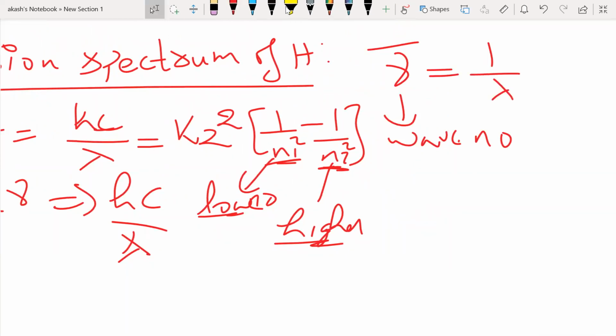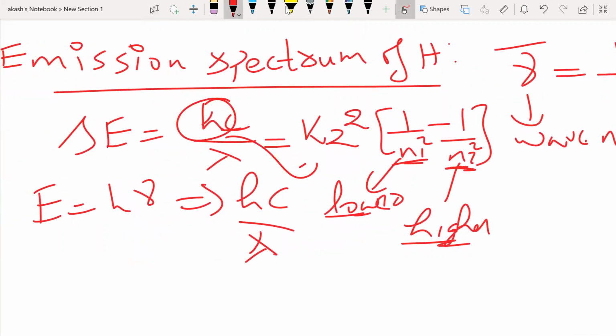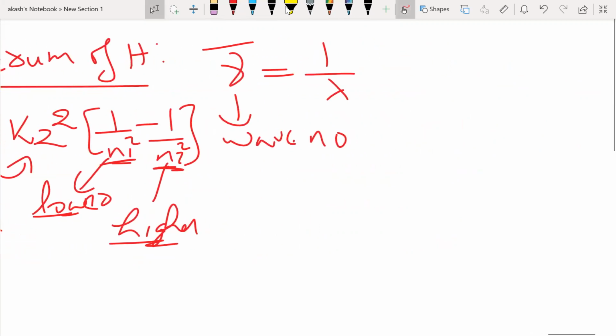So if I have to calculate 1 by lambda, this hc has to go to the other side. That's the only thing you have to do. Then 1 by lambda will be equal to, I'm going to directly give you the equation, RH.